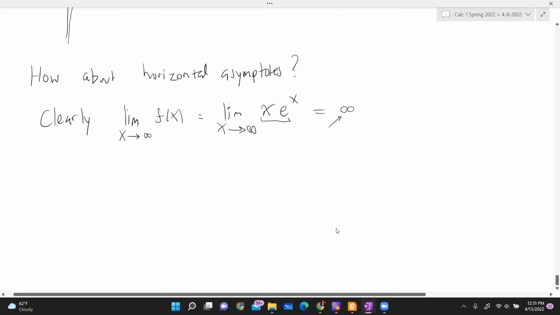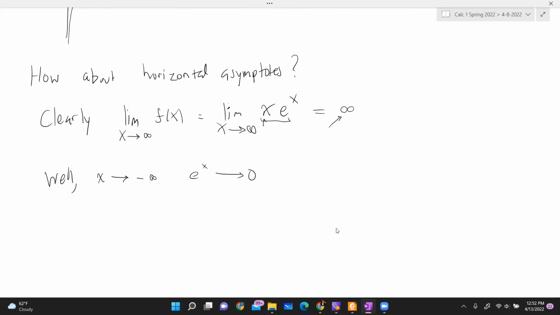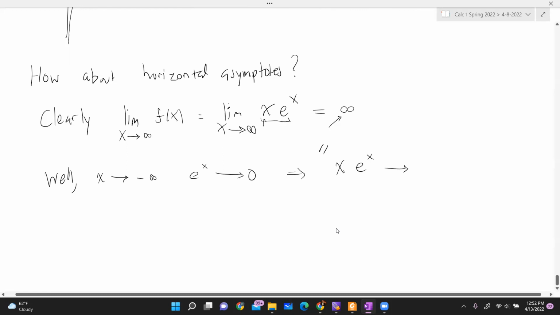But what about the limit as x goes to negative infinity? Well, as x goes to negative infinity, obviously x goes to negative infinity, so that's the first thing in the product. But e to the x goes to 0, so we have that x e to the x, in quotation marks because this isn't precise, but I'm just illustrating, is going to be an indeterminate product: negative infinity times 0.